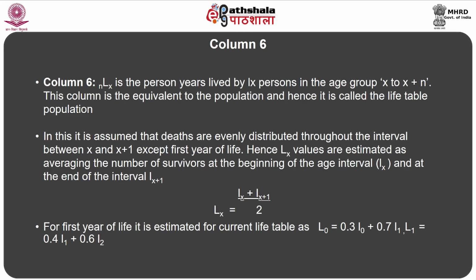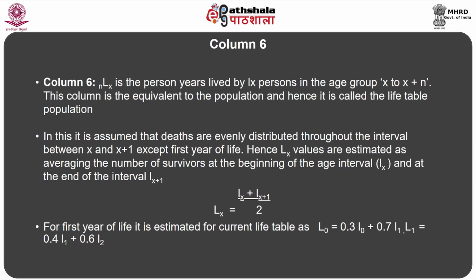Hence, capital Lx values are estimated by averaging the number of survivors at the beginning of the age interval, small lx, and at the end of the interval, small l(x+1). That is, capital Lx is equal to (lx plus l(x+1)) divided by 2.